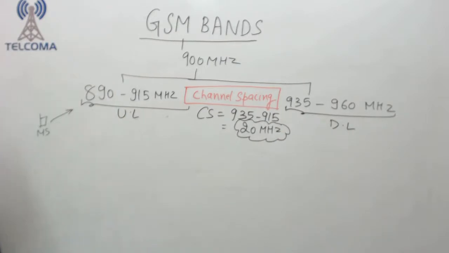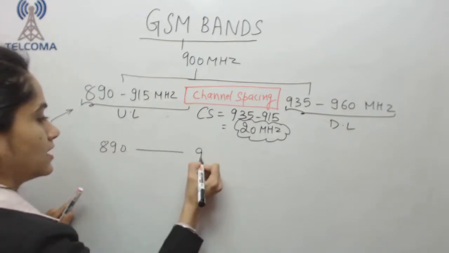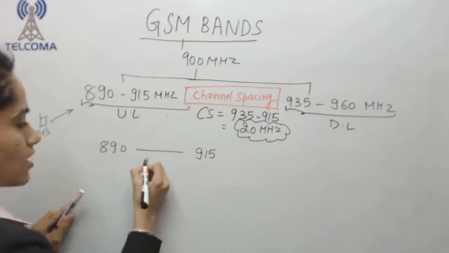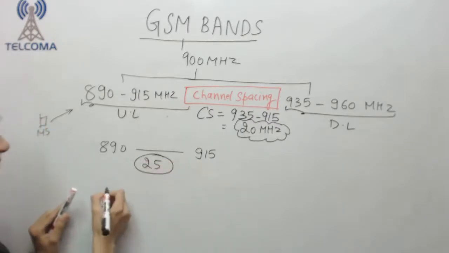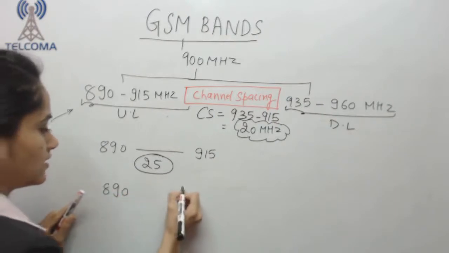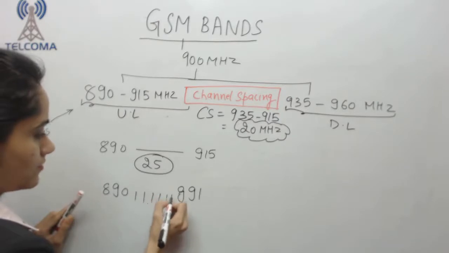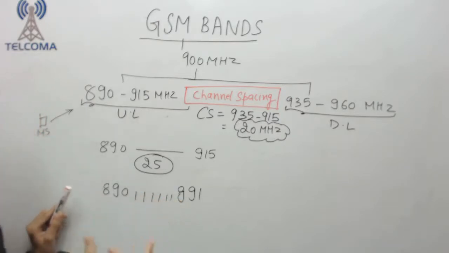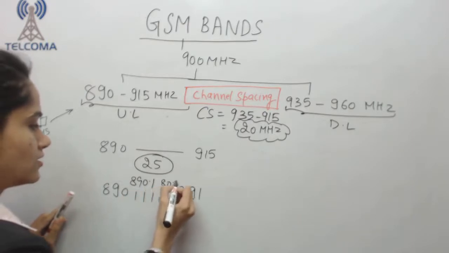Now let's calculate the total capacity of this band. From 890 to 915, we have 25 megahertz. Between 890 and 891, with FDMA, we have 890.1, 890.2, and so on.